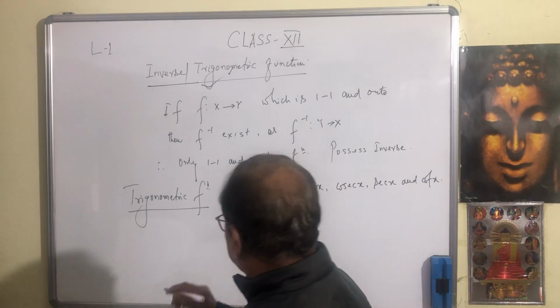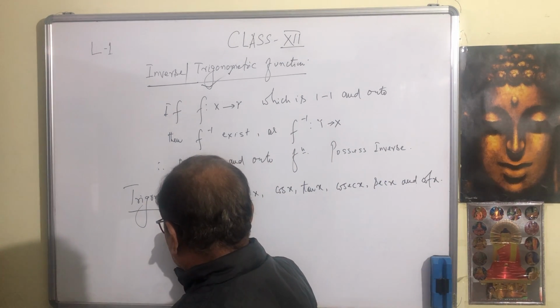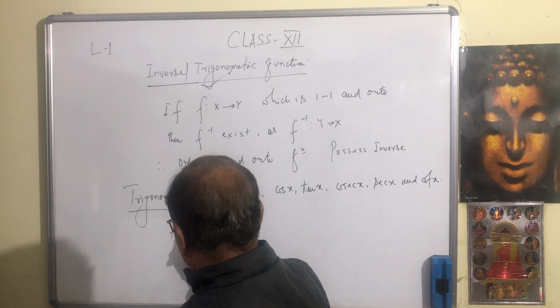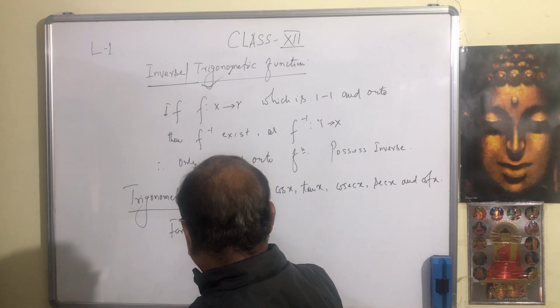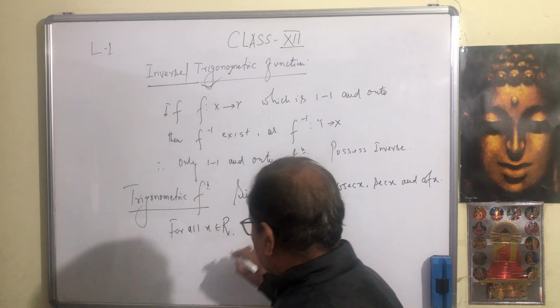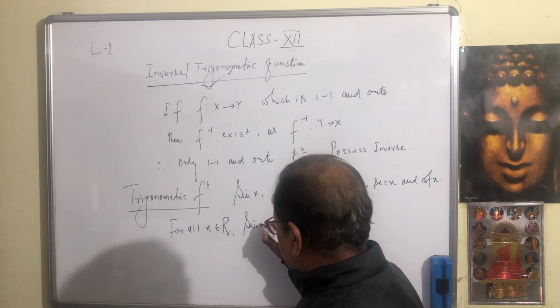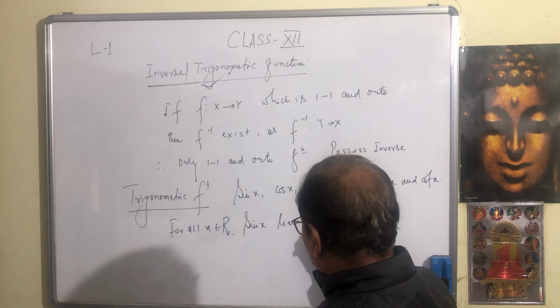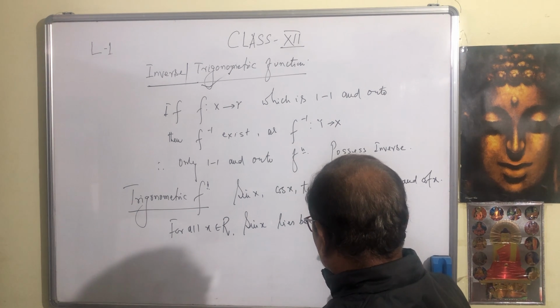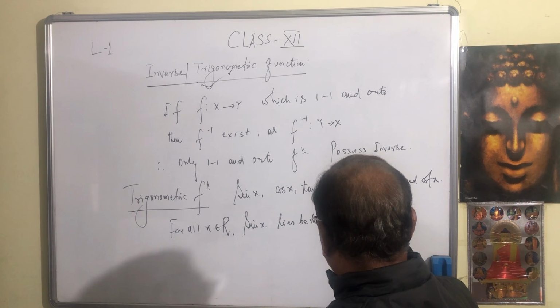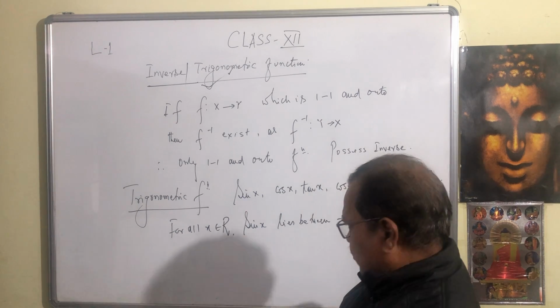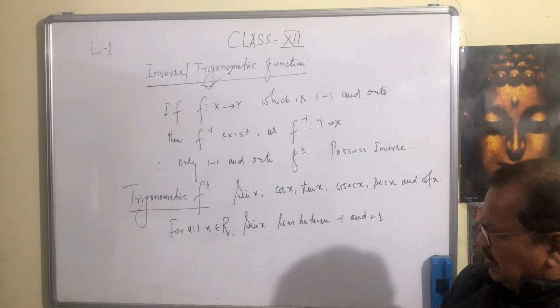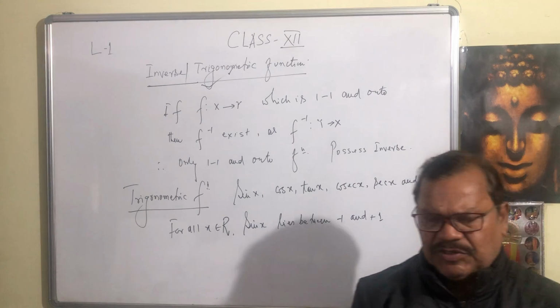Now here, for all x belongs to R, set of real numbers, sin x lies between -1 and +1.